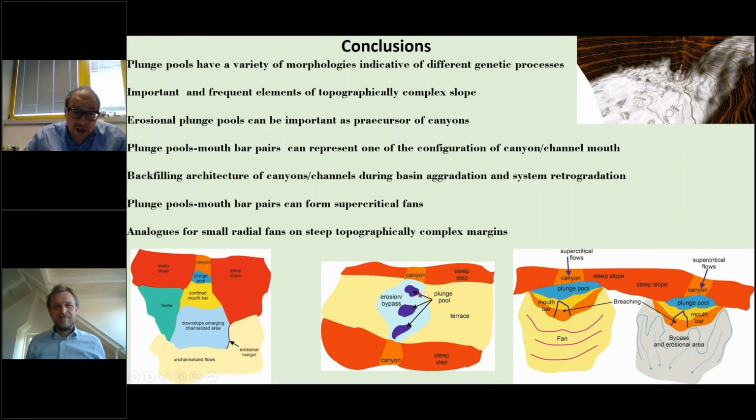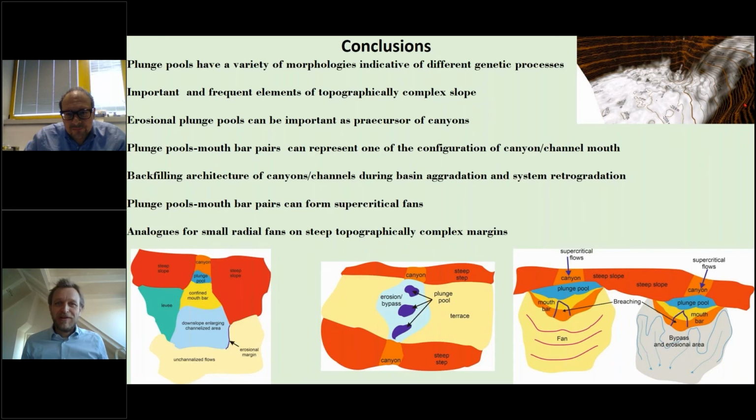If you look at this image in there, which is the type 1, you see that this plunge pool, in my opinion, if they evolve to a full stage, they will give rise to a canyon first and maybe a channel. But in any case, they will be an inherent part of a channel or a canyon. So I think that the distinction is just a matter of time. So in time, plunge pool will evolve to canyon or channel.